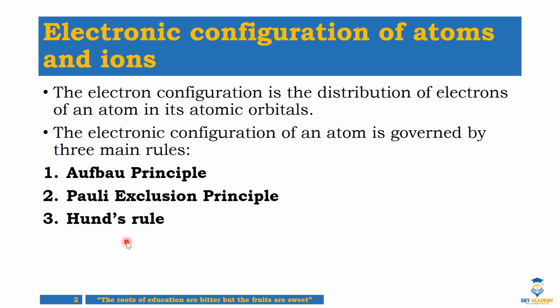Those scientists have told us how we can distribute electrons in their orbitals so that they fulfill stability and follow all the rules.